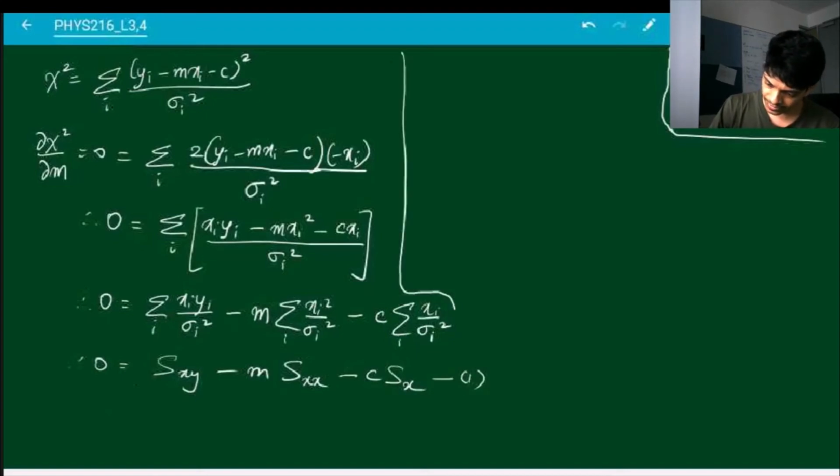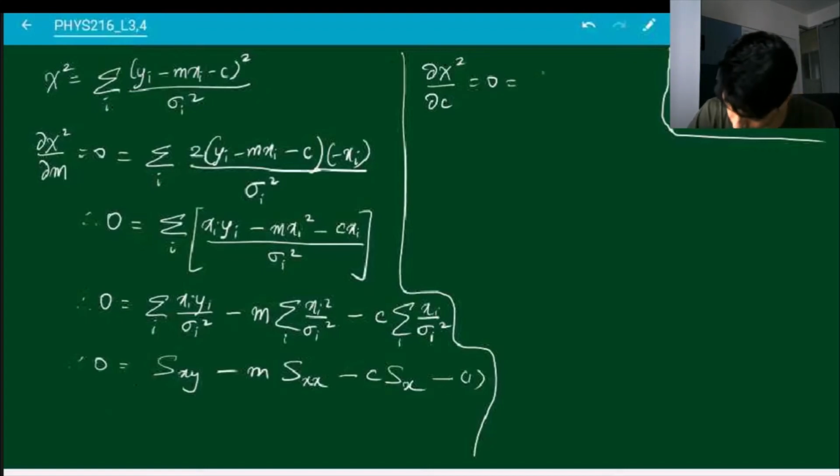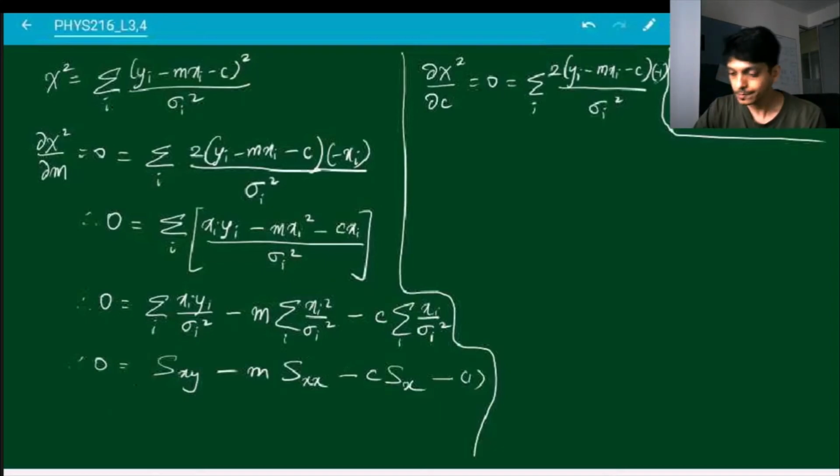We also have to take the derivative with respect to c. What does this give us? Again 2 times this, and that is all, no? Just minus 1 coming from the minus c.